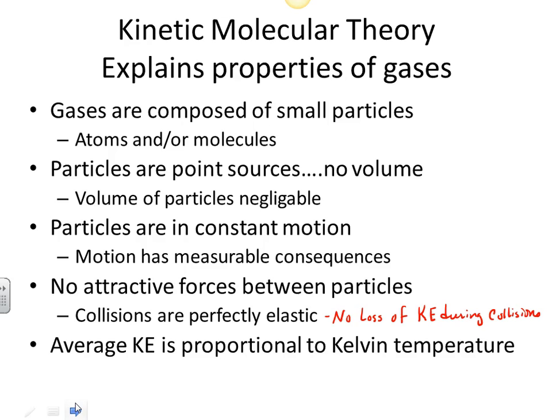And we can say that the kinetic energy that they have is proportional to Kelvin temperature. We're not going to bother with the equation in this particular course that relates kinetic energy of the particles to the Kelvin temperature. However, there is one, and we make it proportional to Kelvin for a reason, and you'll soon see the reason for that as we get into some of the mathematical description of gases.